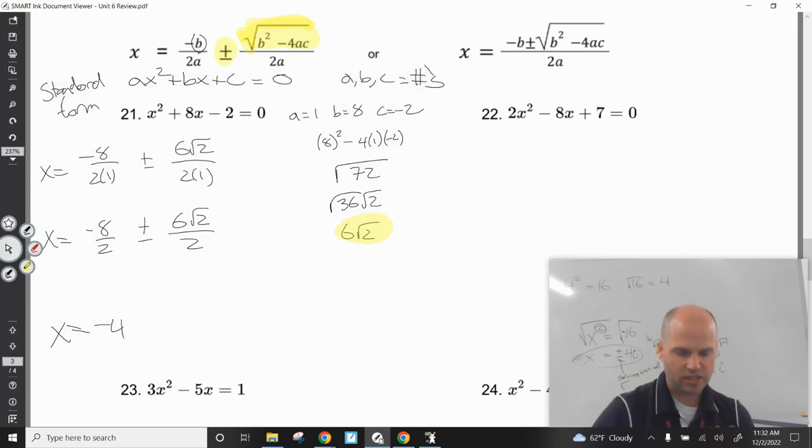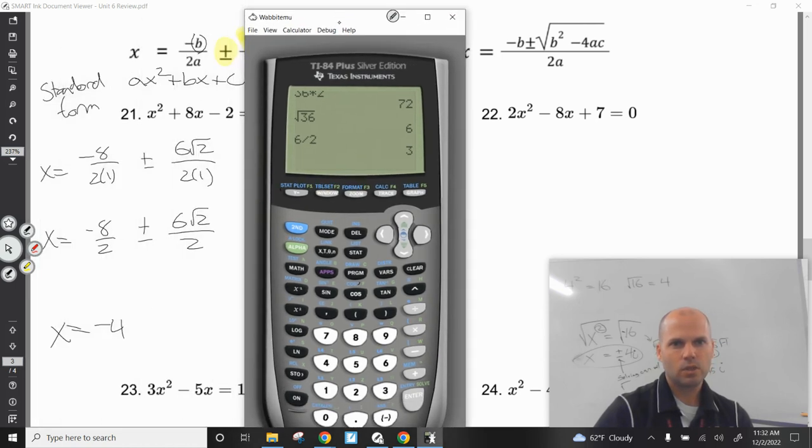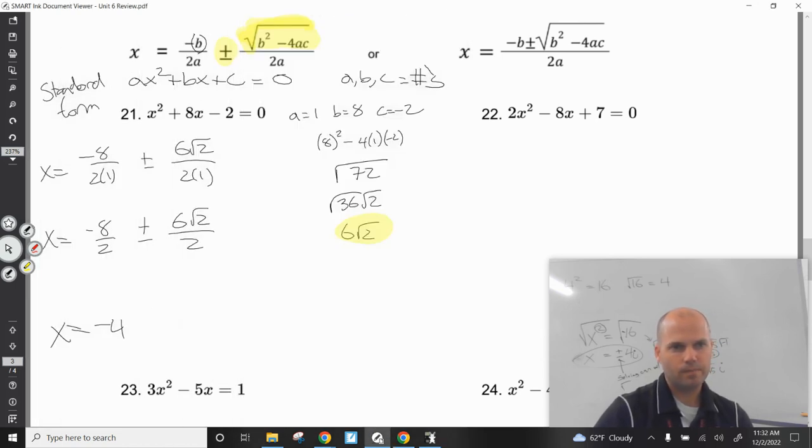Can you simplify 6 over 2? Use your calculator maybe, or divide the top and bottom by 2. 6 divided by 2 is 3. My answer is negative 4 plus or minus 3 root 2. And I'm done.